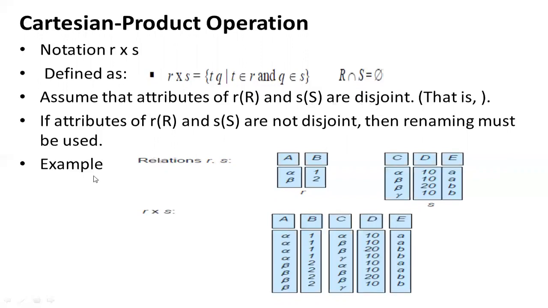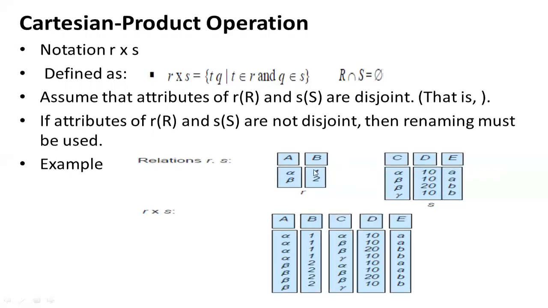Here you can see the example relations R and S. You take the two relations, this one is R and this one is S. We said R and S should be disjoint, that is, you will have different sets of attributes and different sets of records.